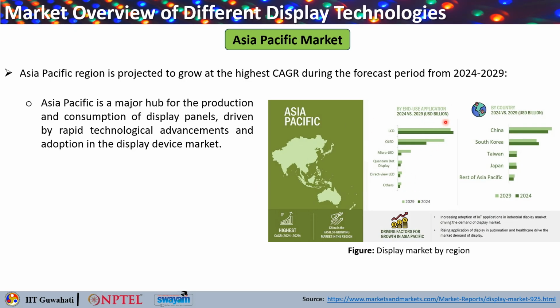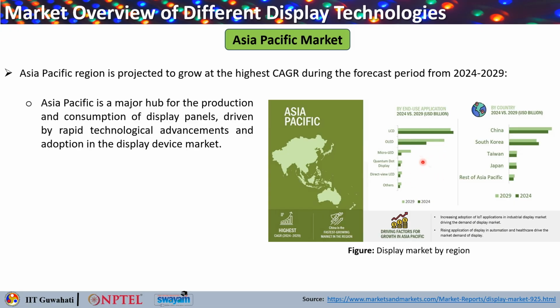So you can also see by end use application. Okay, these are the two colors showing 2029 and 2024 data. So LCD is going to be still the leader. Okay, but OLED is also catching up, but as I told you, OLED will have its own limitations.